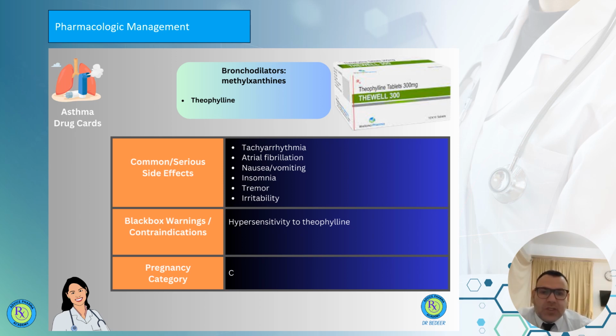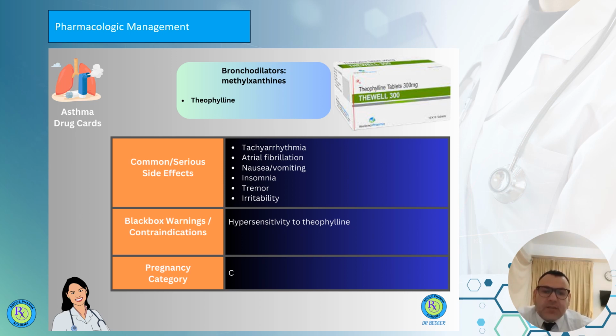So many safe alternatives are used now. It's only used in the case the patient is not responding to the regular treatment, which is SABA or anticholinergics. And the common side effects are tachyarrhythmia, atrial fibrillation, nausea and vomiting, insomnia, tremor, and irritability.